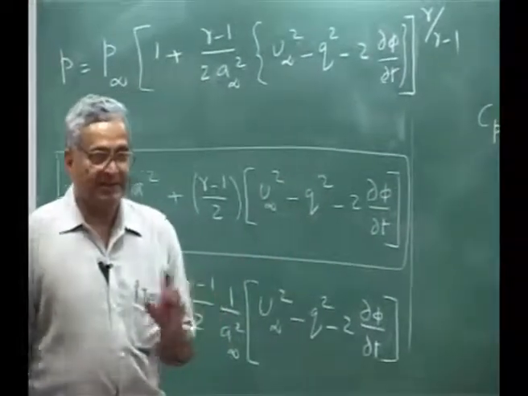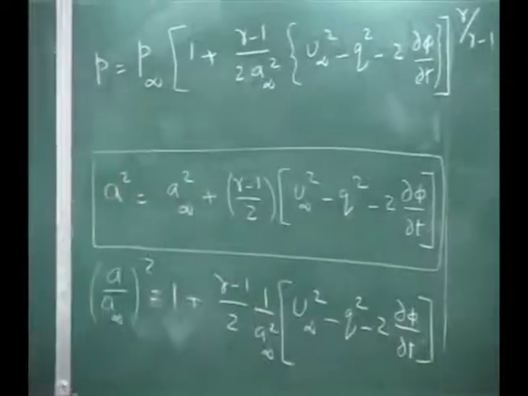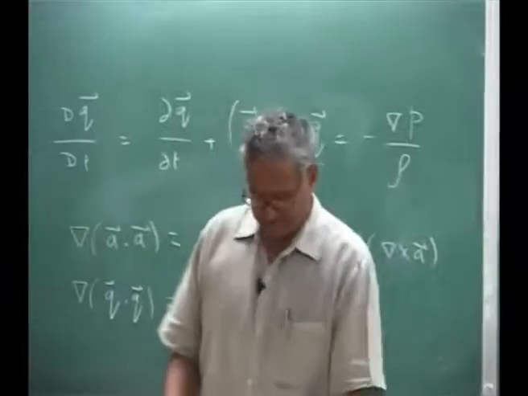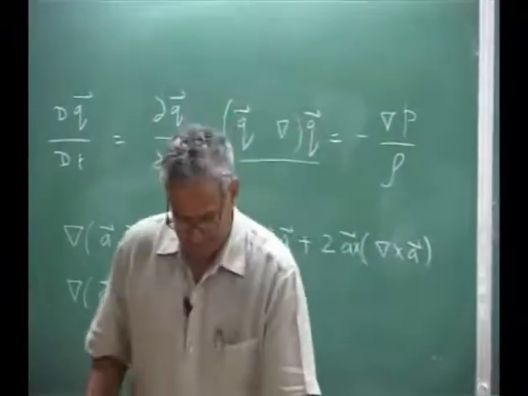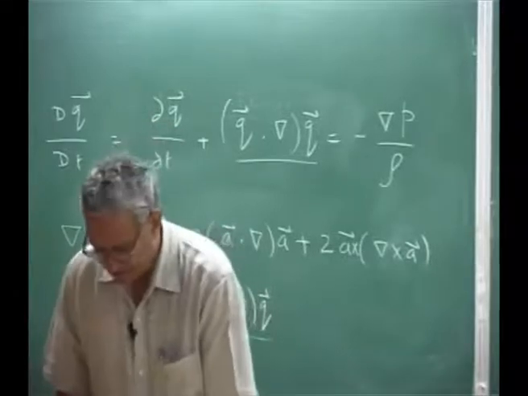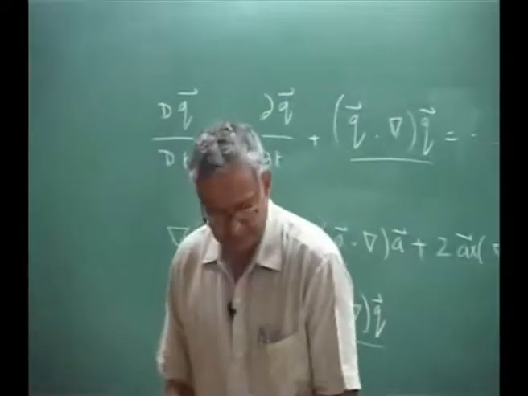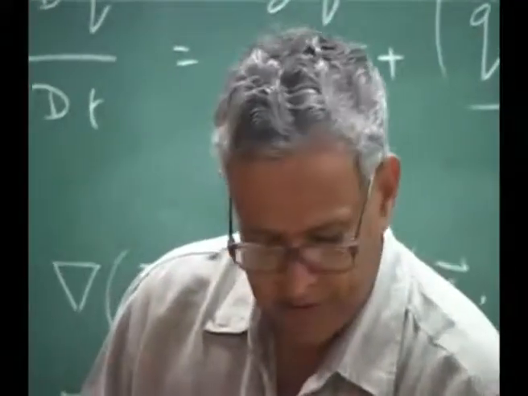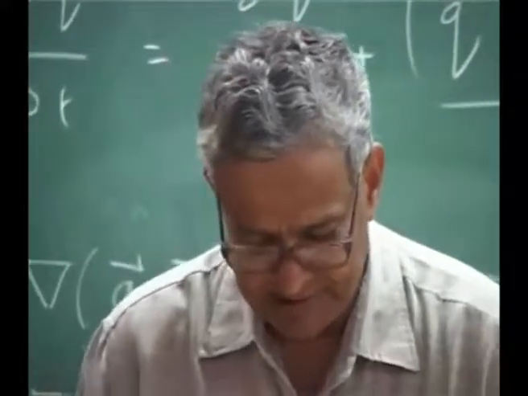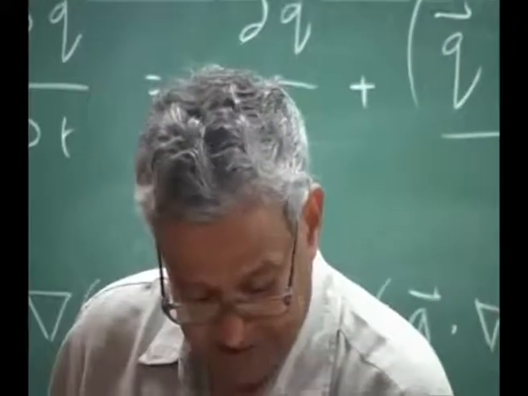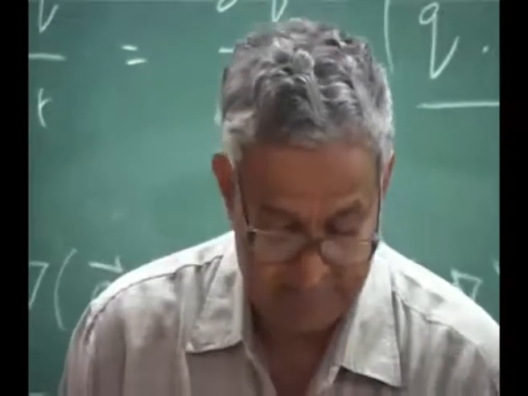Okay. That comes from, we have to again do some jugglery. This is a little bit, because you need to, one minute, I will bring it, because this is a combination of your momentum equation as well as your continuity equation, okay, and this is pure algebra.